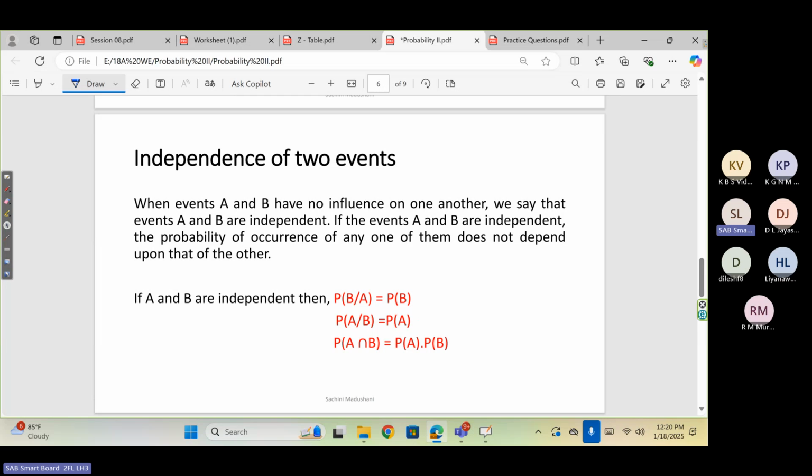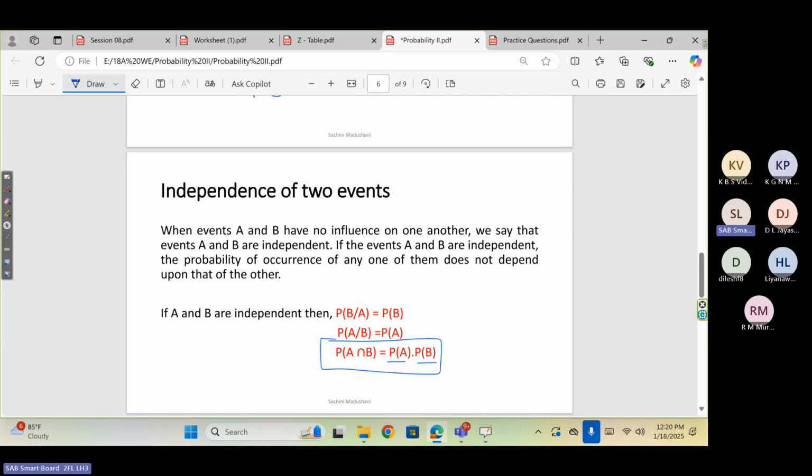At that time, we can find the intersection. If A and B are independent, then how do we find the intersection? Probability of A times probability of B. We can directly find the probability value of the intersection.